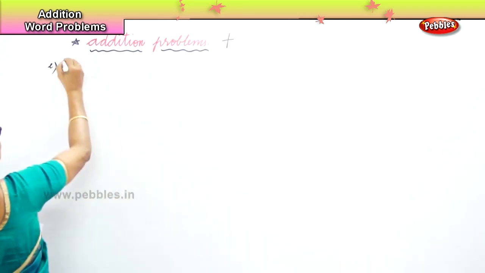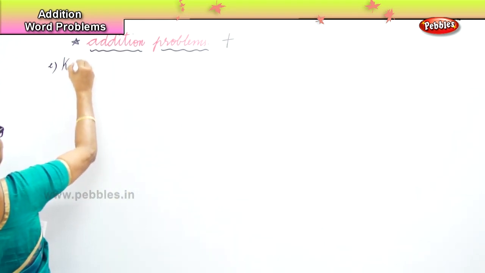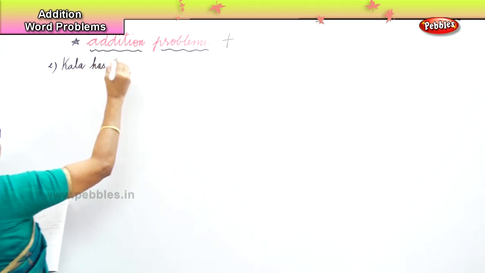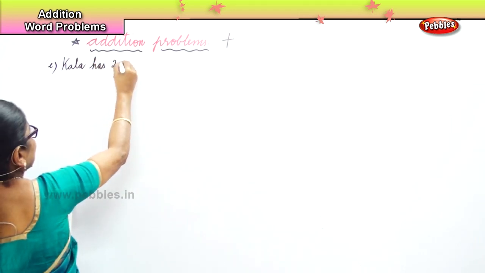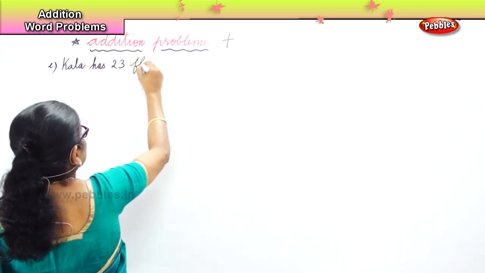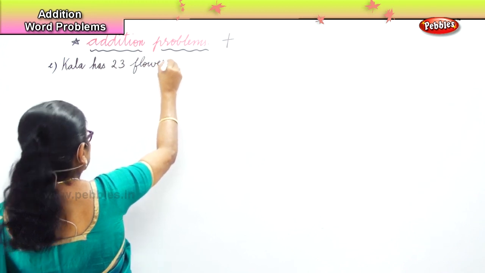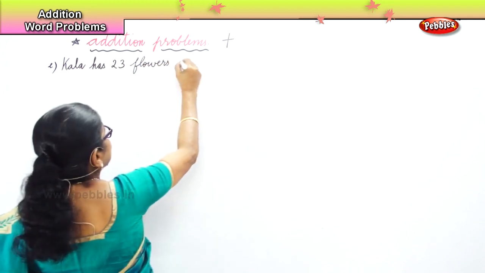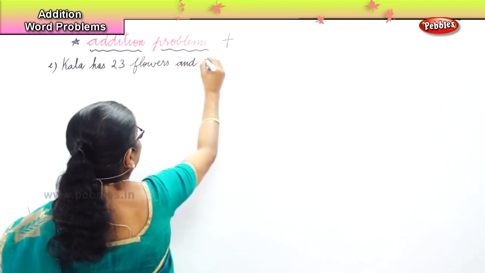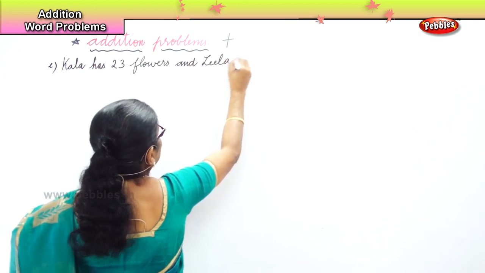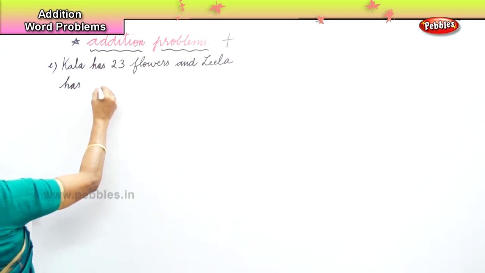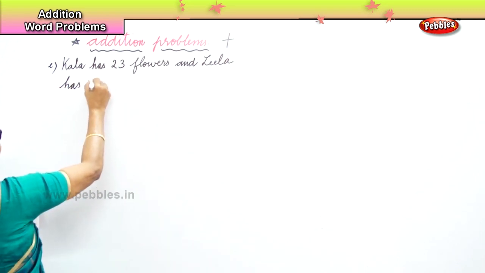Kala has 23 flowers. And Leela has 15 flowers.